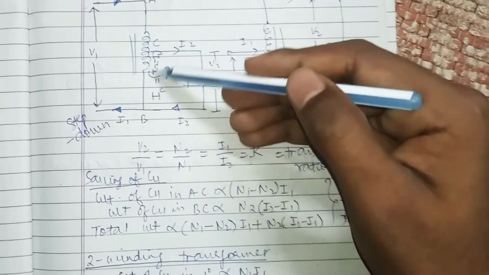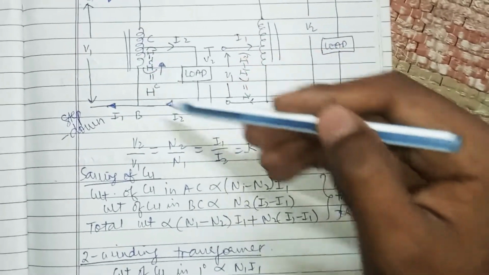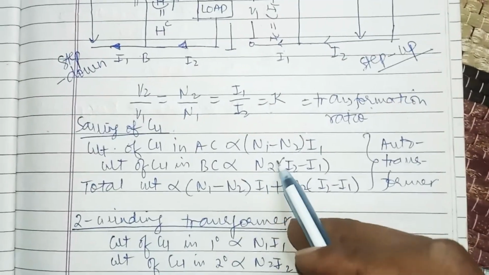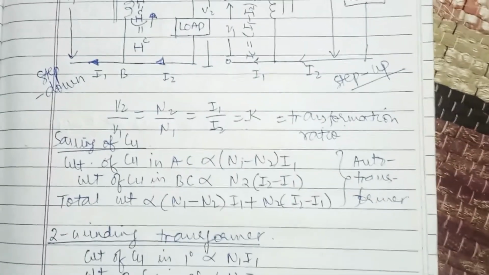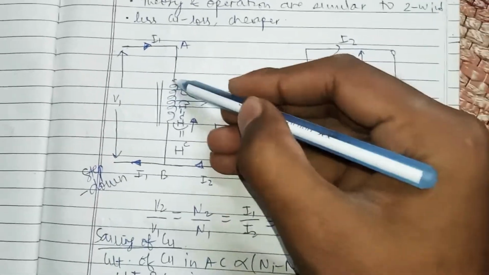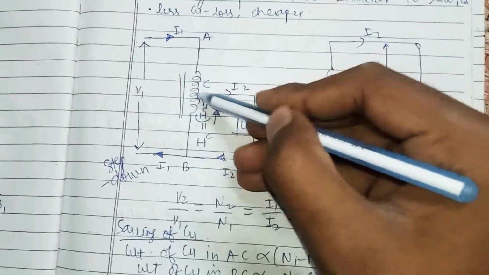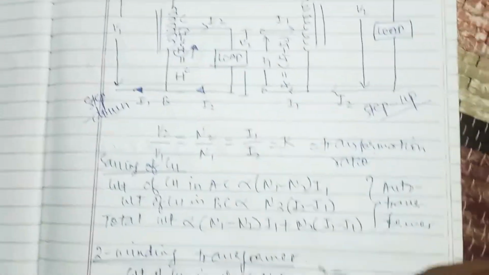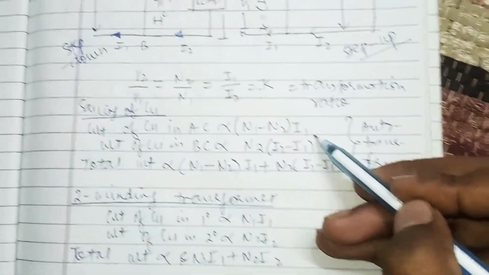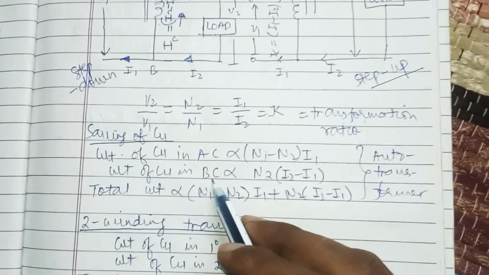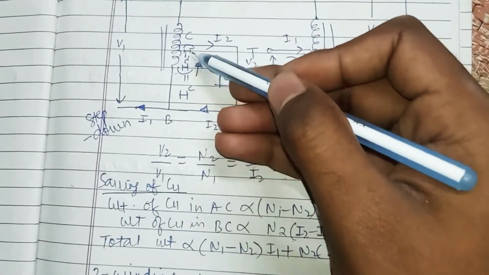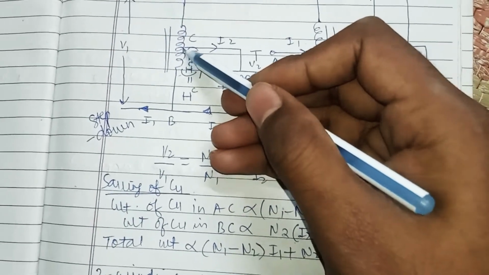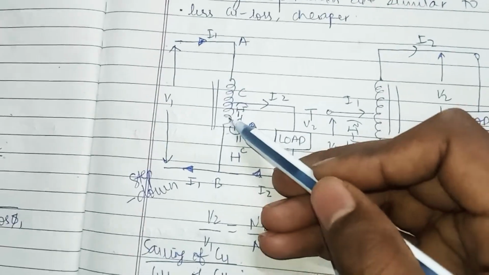N1 means the whole winding, and N2 means the winding considered for the secondary. So the weight of copper in AC is directly proportional to the number of turns: primary is for the whole, and secondary is from halfway round or so, so we consider N1 minus N2 multiplied by I1. And then the weight of copper in BC: it has only N2 winding, so the rest will depend on the current passing through it.